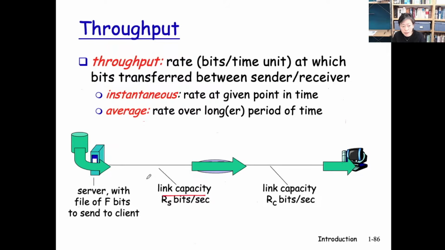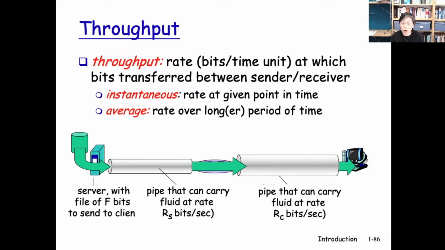The link capacity for the link directly adjacent to the server is RS, where S indicates it's the link to the server. And this link has the link capacity of RC, where C indicates this is the link rate for the link connecting to the client. Now, let's consider such a data pipeline as a fluid pipeline, a water pipeline.